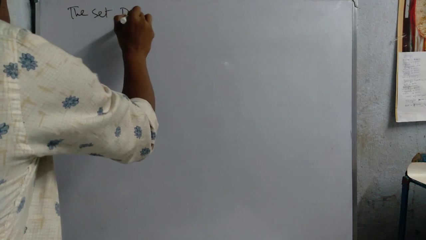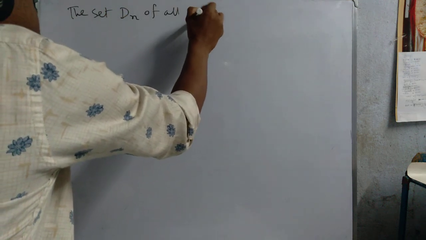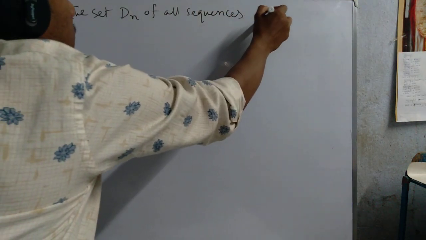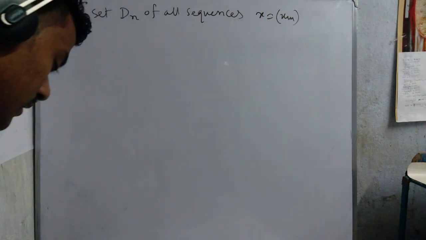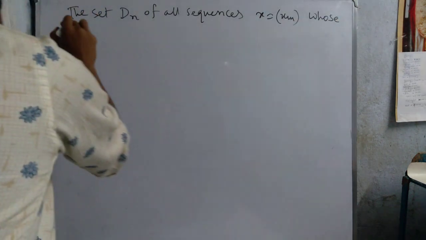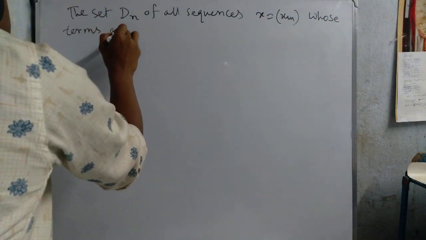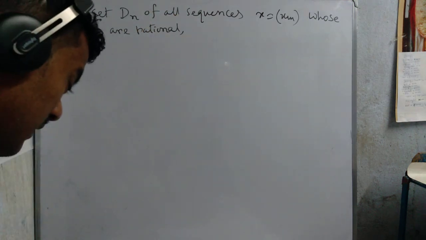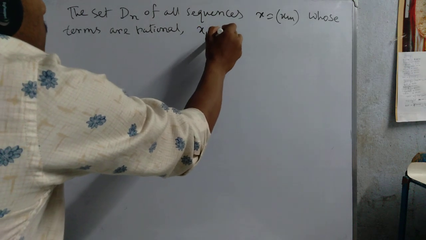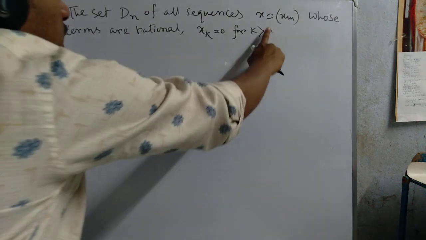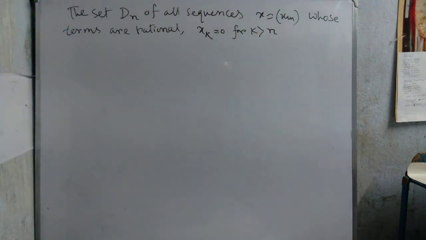We talk about the set Dn, the set Dn of all sequences x equal to x1 through xm, whose terms are rational, and obviously xk equal to 0 for k greater than n, not m, yeah, m.